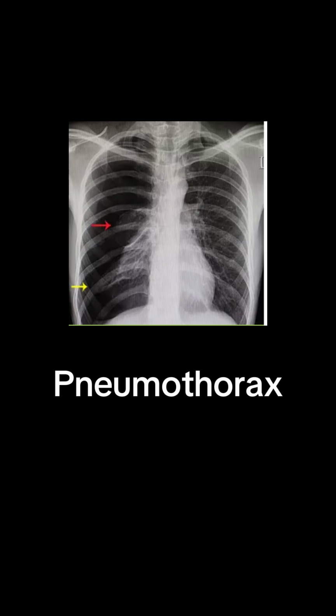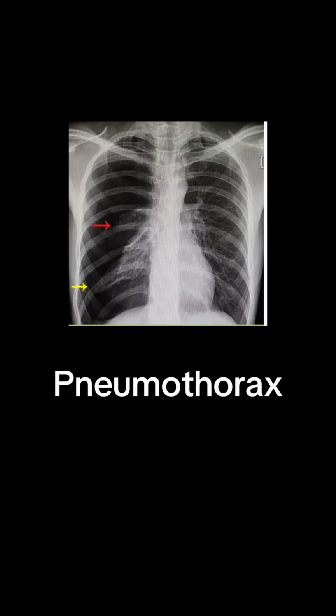First of all, we need to understand the pathophysiology. In tension pneumothorax, when your lung tissue gets injured, it results in air leaking out of the lungs and accumulating around the lungs, in the pleural space. The pleural space normally has a negative intrapleural pressure that keeps the lungs expanded.